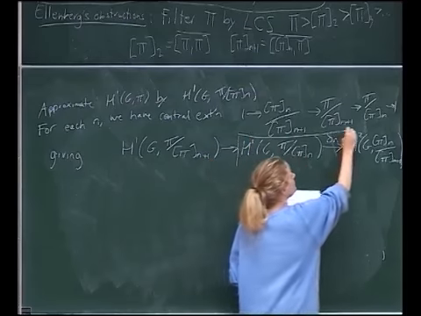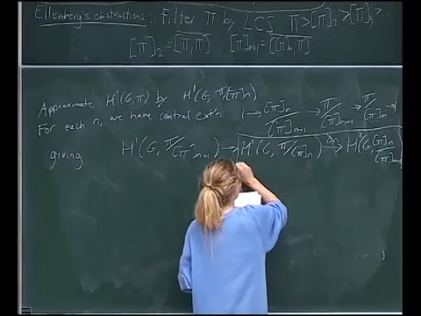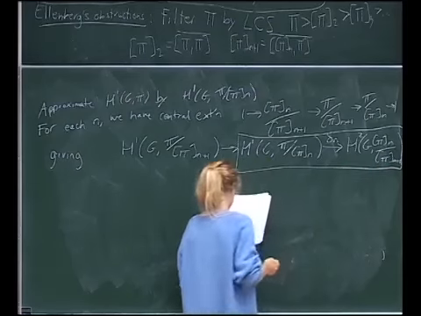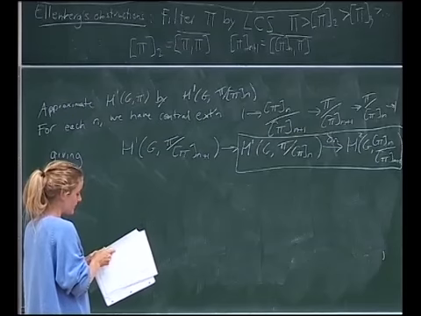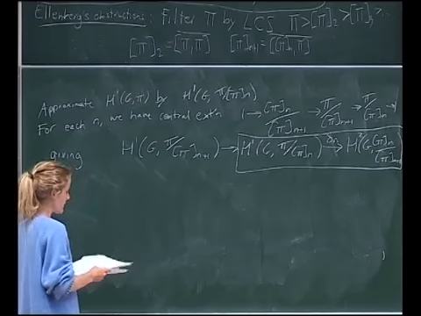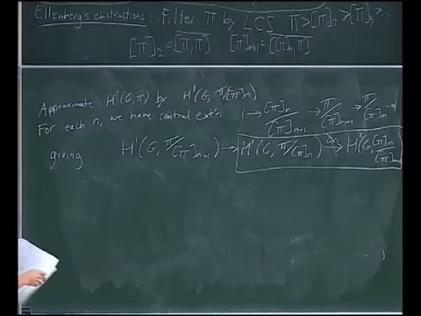And this goes to H2 of G, pi n plus 1. And this is the set of obstructions we'll talk about.